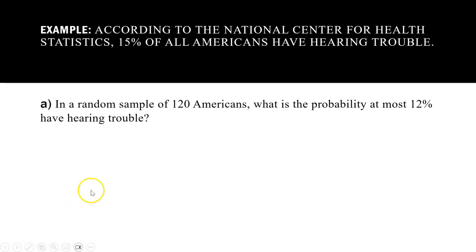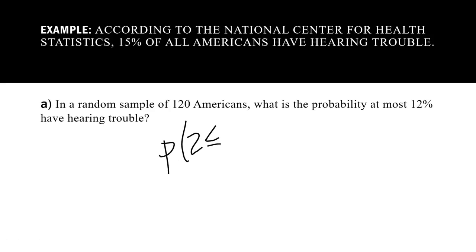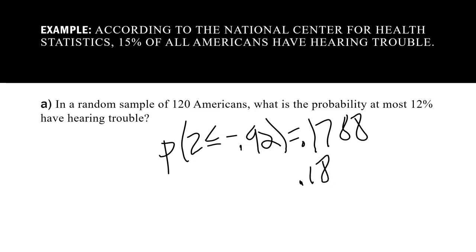So the probability that z is less than or equal to negative 0.92 is 0.1788, which is approximately 0.18. What that means is that if 100 random samples of 120 are taken, then about 18 of them will have at most 12% with hearing trouble.